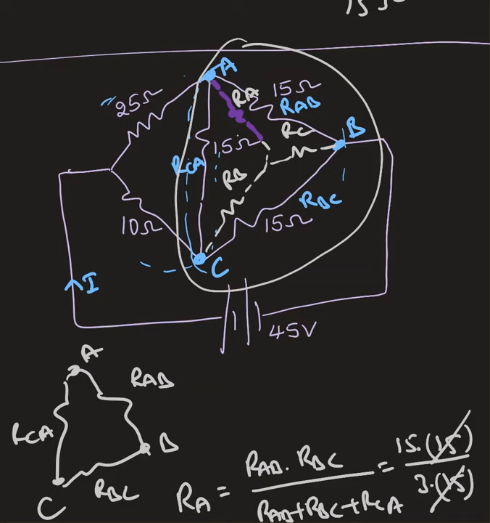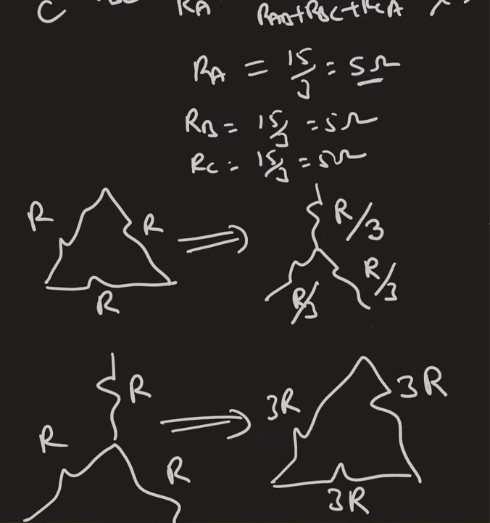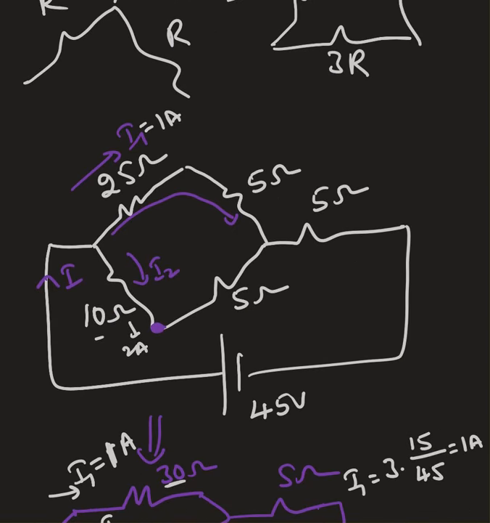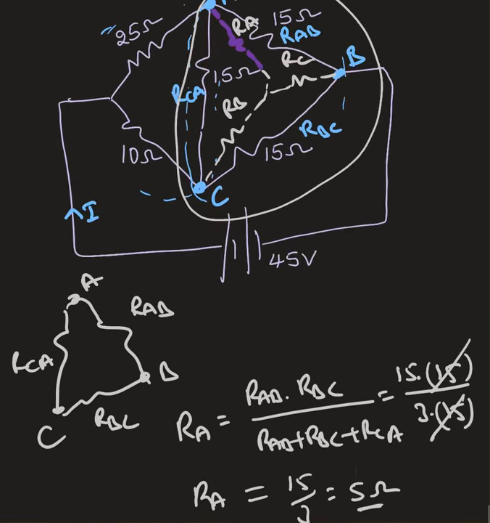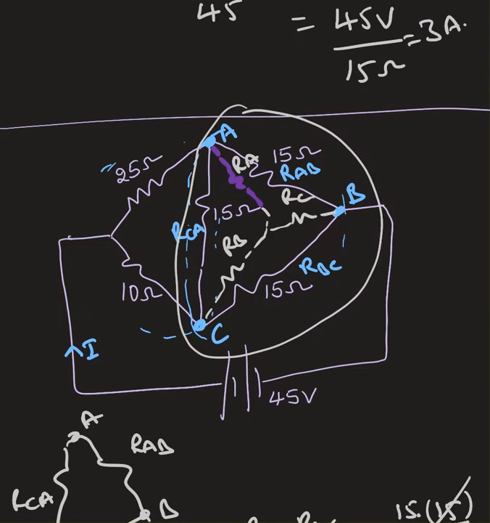In this 15 ohm, the vertical branch, how are we going to find that current? Yeah, we can find that current because we already know this is 1 ampere, this is 2 ampere, and we know the voltage there, which is 45 volt.